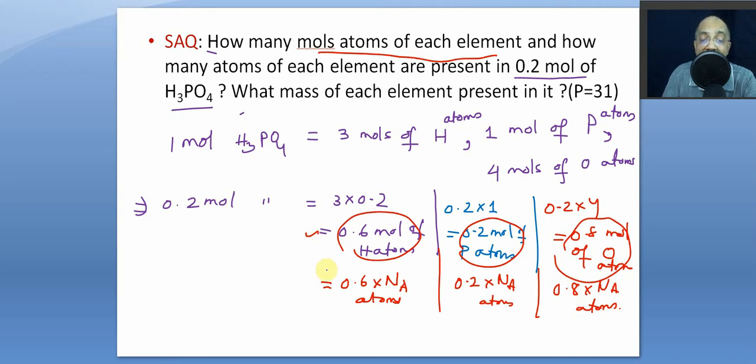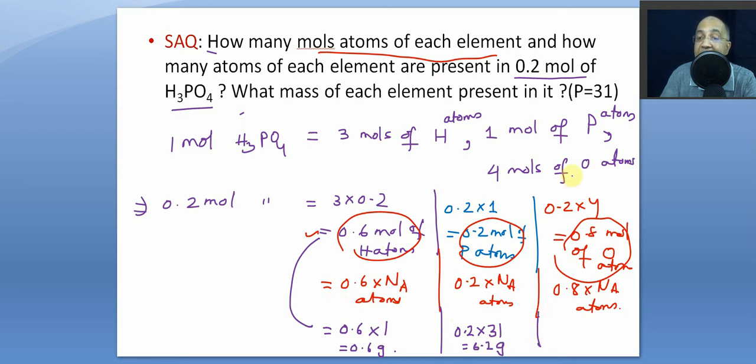And now mass. From here, 0.6 into, what is the gram atomic mass of hydrogen? 1. That means 0.6 gram. 0.6 mole of hydrogen atoms means it contains 0.6 gram, because 1 mole is 1 gram. Similarly, phosphorus is 31, and it is 0.2 mole, so 0.2 into 31 will be 6.2 gram.